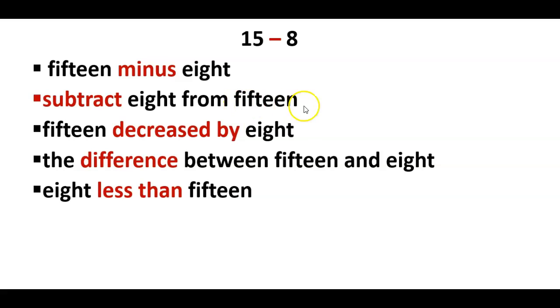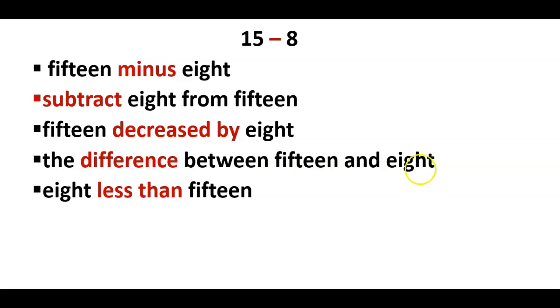Subtract 8 from 15. For the words decreased by, we don't change the order of the numbers. The first number is 15, so we name it first: decreased by 8. Now, the word difference. The difference between 15 and 8. Can we flip the numbers? The difference between 8 and 15?